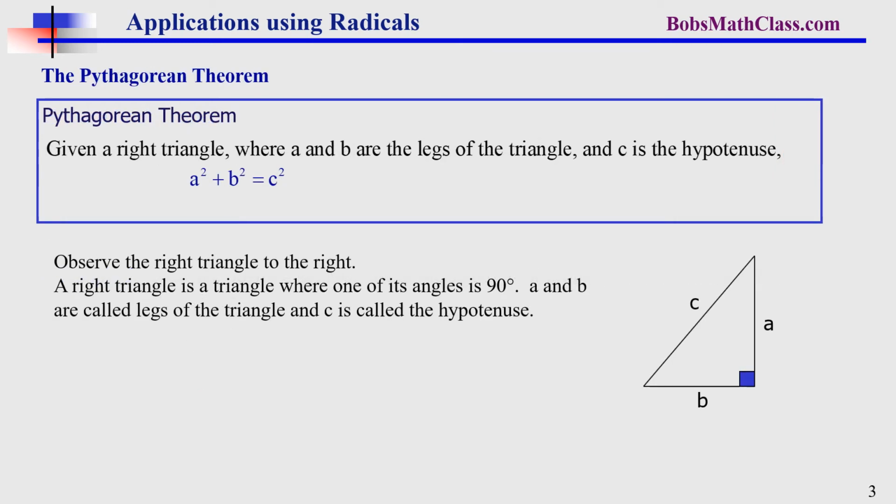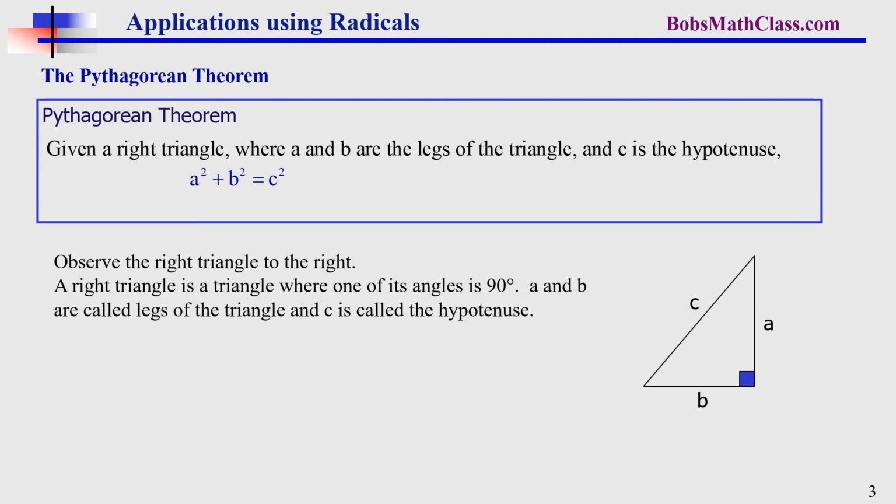Okay, here's the Pythagorean theorem. Given a right triangle, which means that one of the angles is 90 degrees. So given a right triangle where A and B are the legs of the triangle, the sides next to the 90-degree angle, those are called the legs of the triangle.